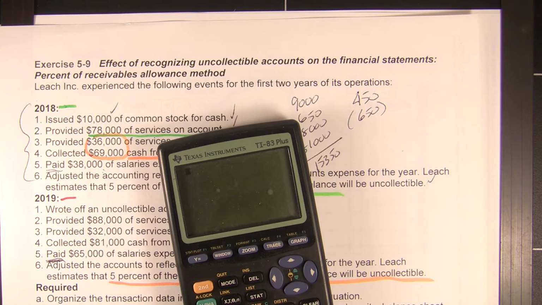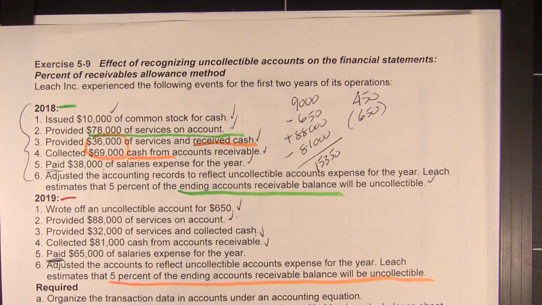So, my $15,350 times, they want 5%, 0.05, $767.50.